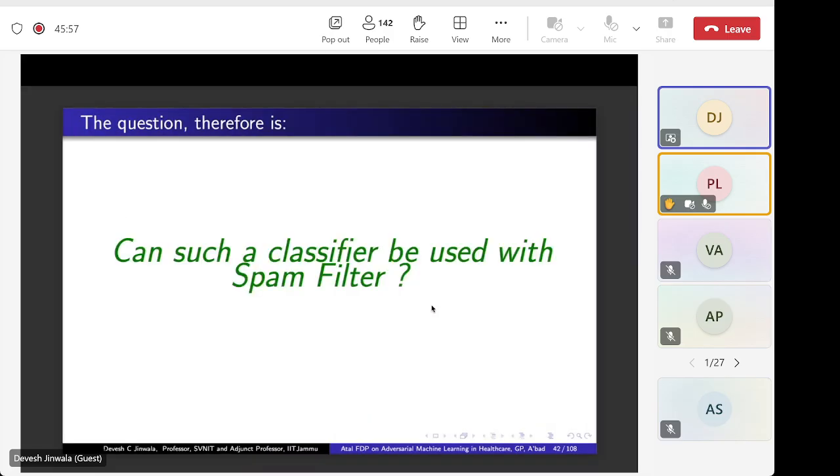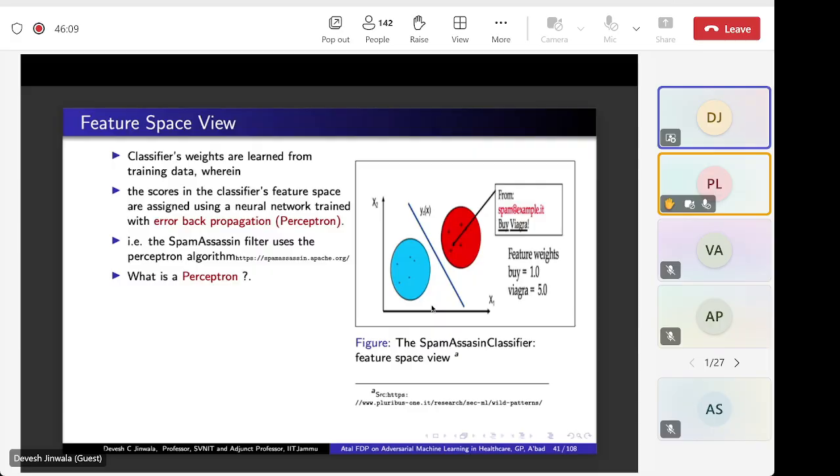But the question which comes up is, can such a linear classifier be used in a spam filter? Why should a linear classifier not be used? The simple reason is the actual data patterns which an actual email spam would have are not as simple as what is shown here. So a linear classifier would not work in such cases.